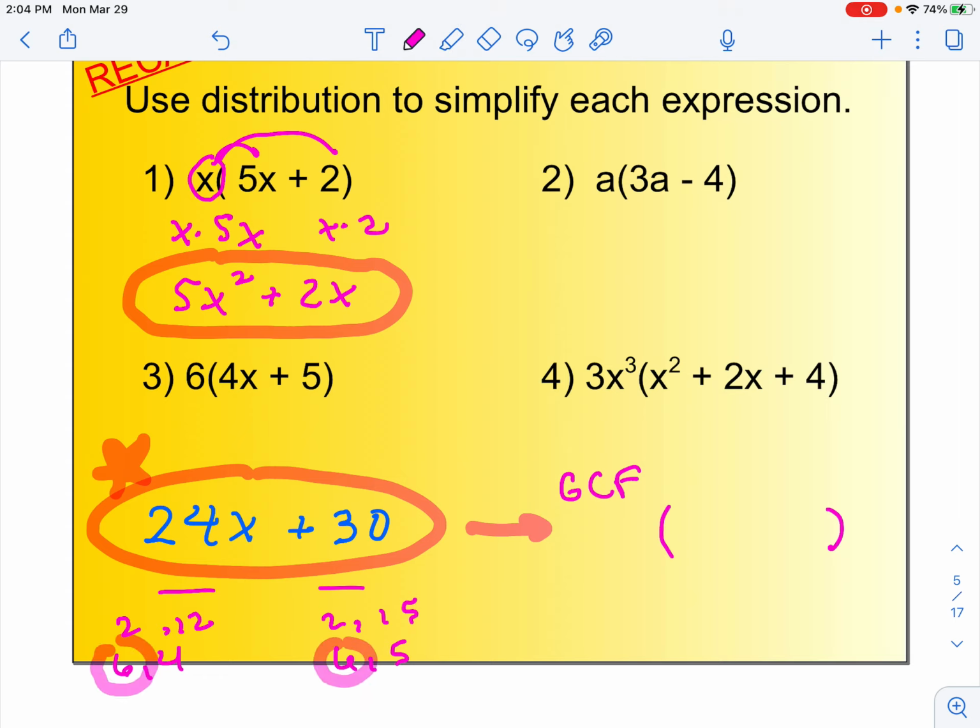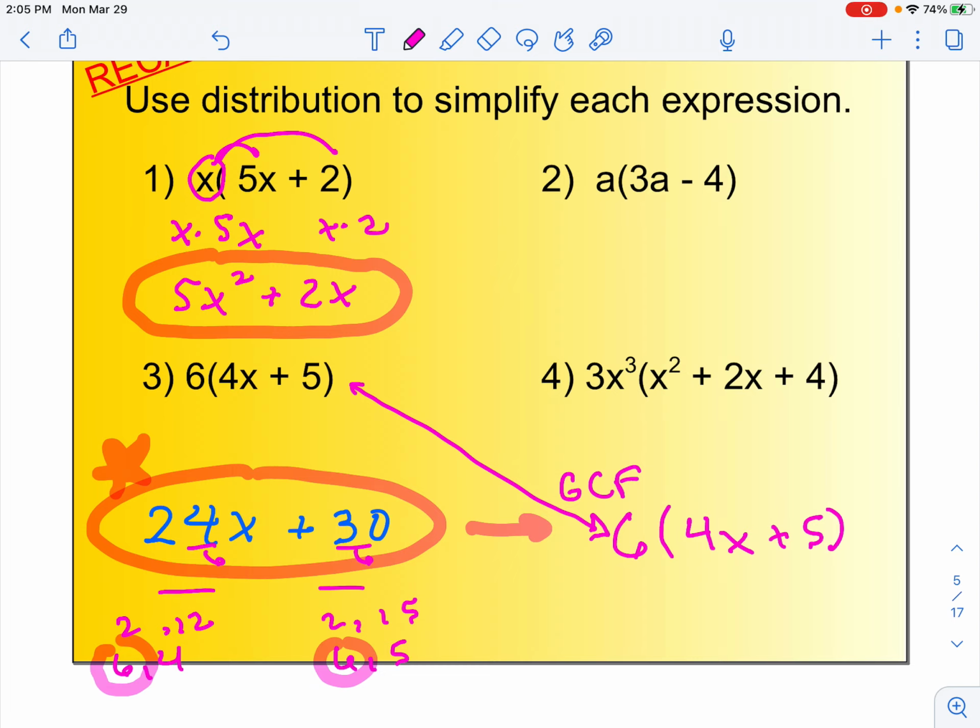And so we can factor that out and put it on the outside of the parenthesis. And then what's left is when we divide this by 6 and this by 6, which gives us 4x plus 5. And now notice that's what we started with when we multiplied.